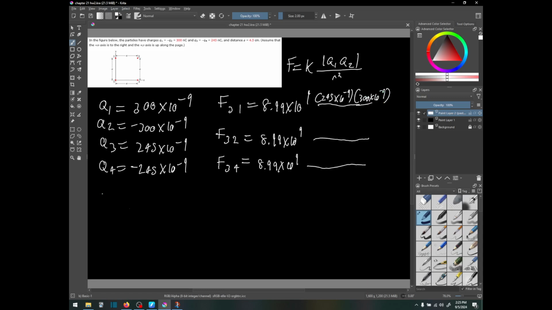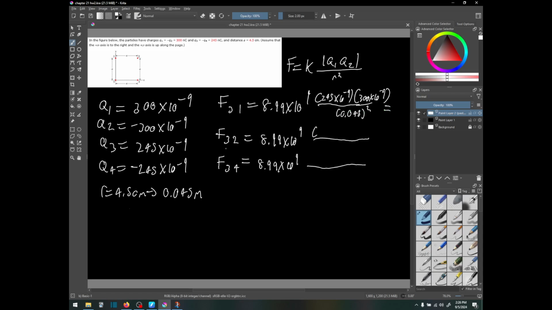And I almost forgot to say R equals 4.5 centimeters, which is 0.045 meter. And of course, it's going to be 0.045 squared.